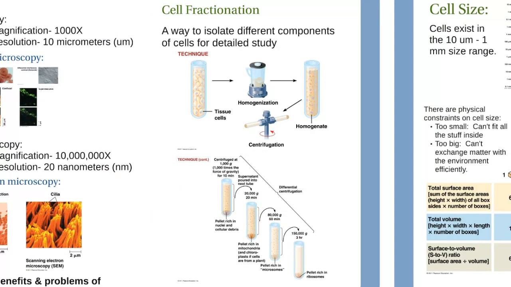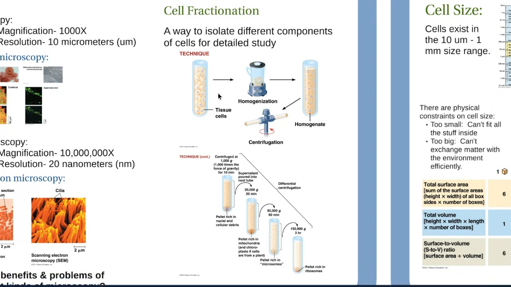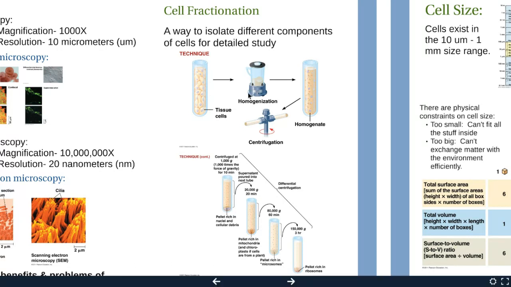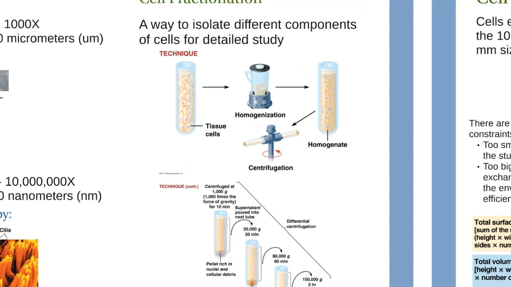Now, sometimes you need to separate cells in order to look at them. And so we have cell fractionation. It's a way to isolate different components of the cells for detailed study. And so if we have a bunch of cells, but we only want to look at the mitochondria, for instance, we do fractionation. And so what that is that we just blend it up super fast, and then it kind of breaks it apart, and then it settles out depending on the density of the different organelles that we're looking at.